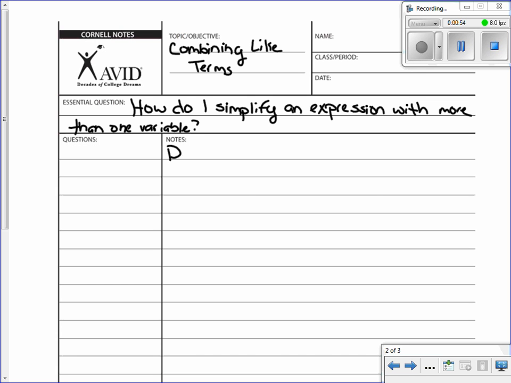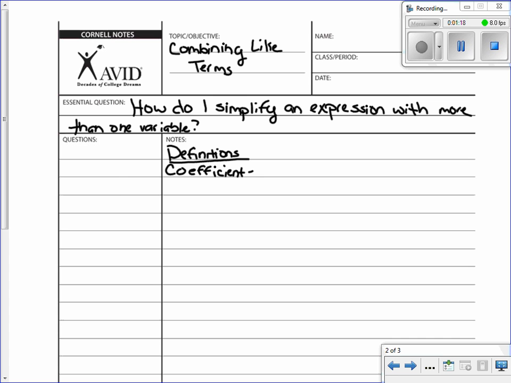So a couple definitions to get us started. The first one is coefficient. C-O-E-F-F-I-C-I-E-N-T, coefficient.